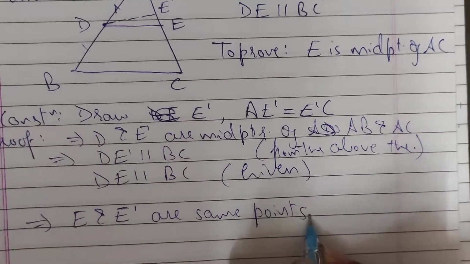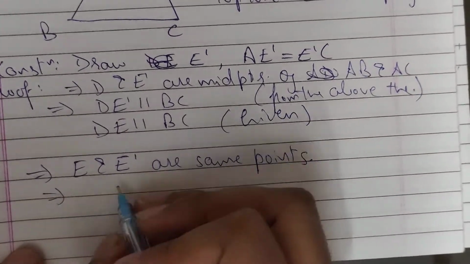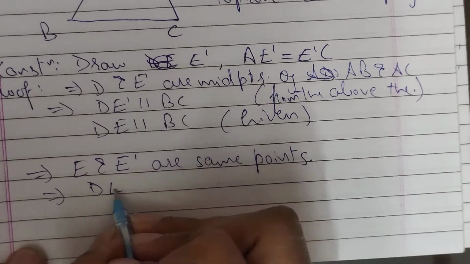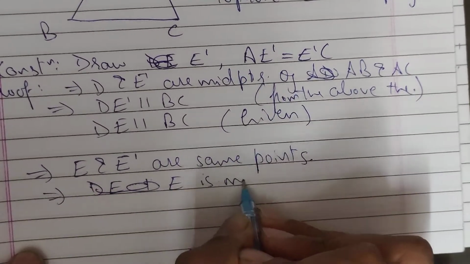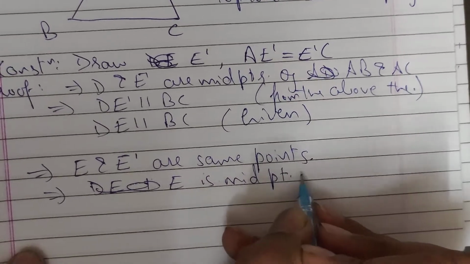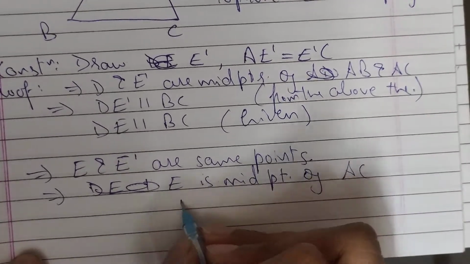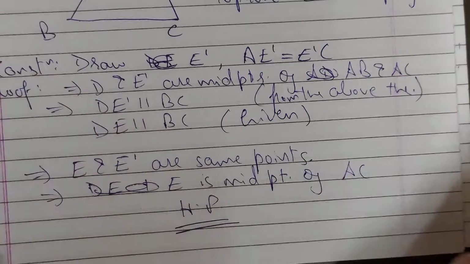So if they are the same point, this implies E is the midpoint of AC, hence proved.